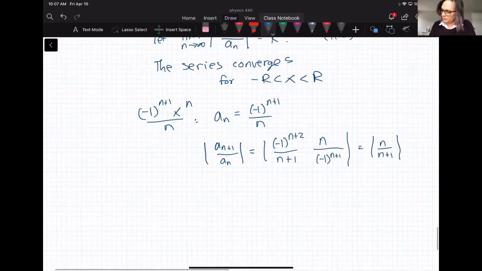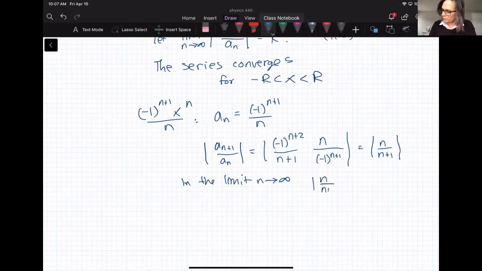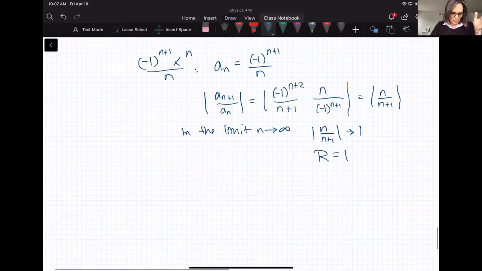So in the limit, n over n plus 1 goes to 1, so r is equal to 1. I mean, that kind of makes sense. This power series will be convergent on this region, then we need to check the endpoints.